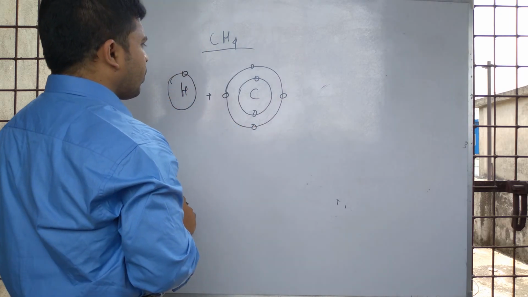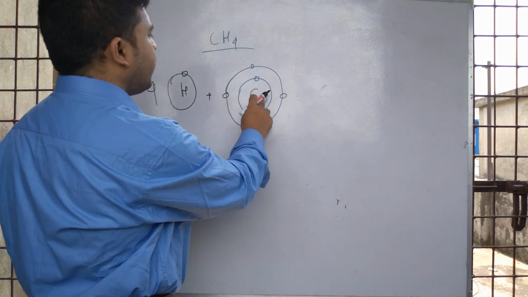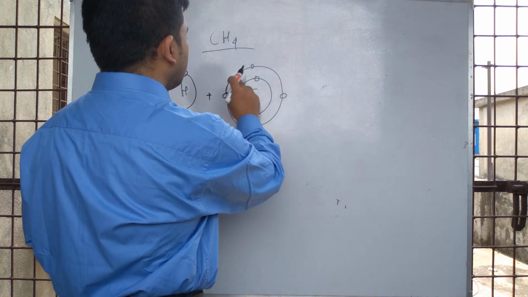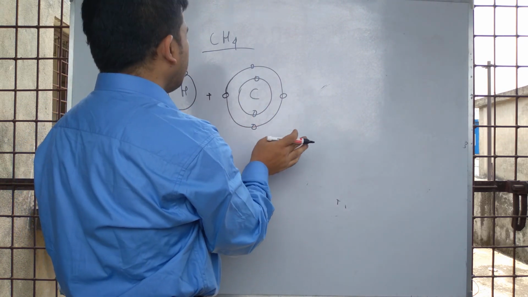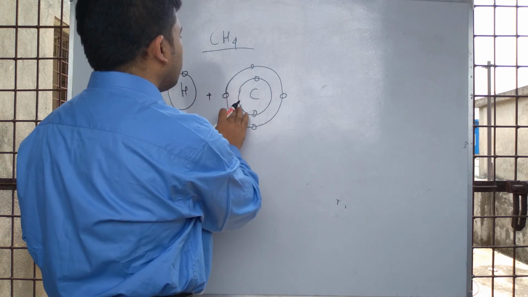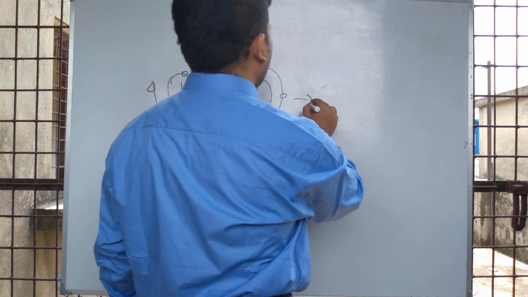So 4 hydrogens will share 4 electrons with the carbon to form the CH4 molecule.